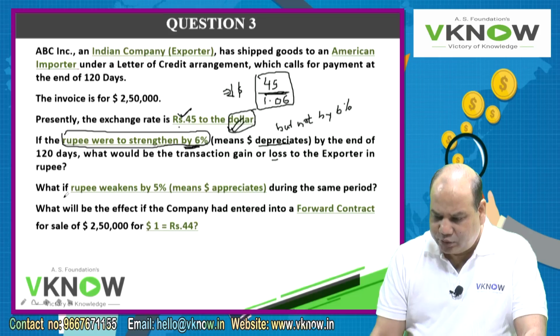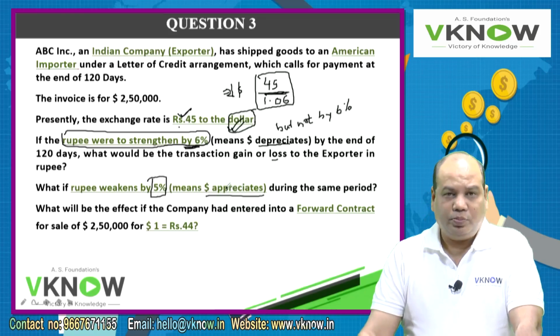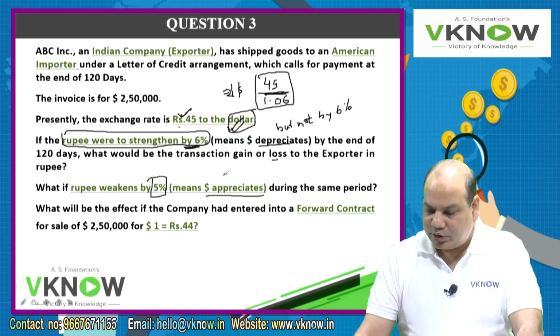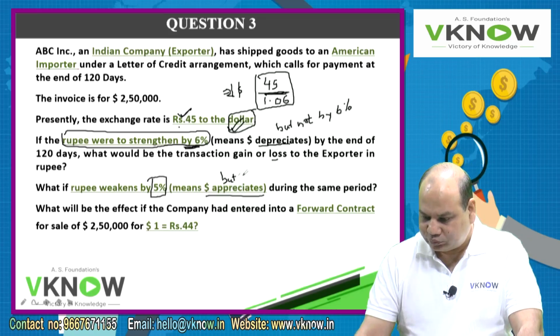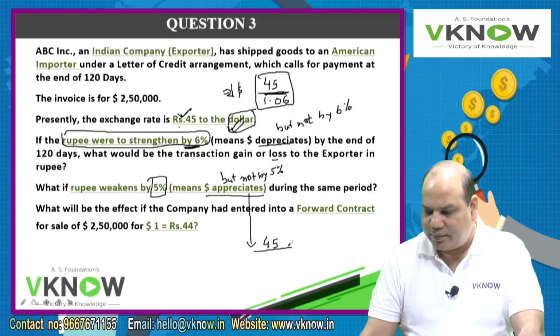Second, if the rupee weakens by 5%, which means dollar appreciates. I will repeat, if rupee depreciates by 5%, dollar appreciates, but not by 5%. So the new rate, or expected rate, will be 45 divided by 0.95.